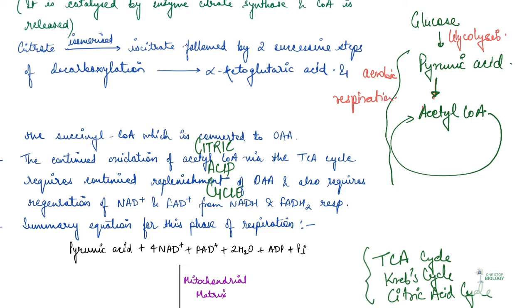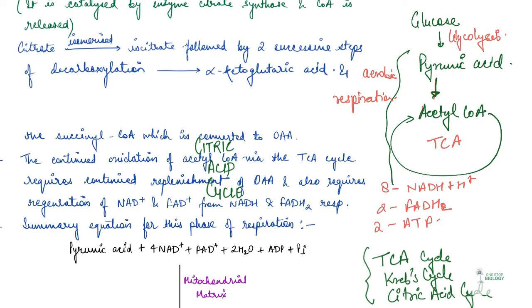And this is the tricarboxylic acid cycle. And what all things are formed? 8 molecules of NADH plus H plus, 2 molecules of FADH2, right? And 2 molecules of ATP as well, right?